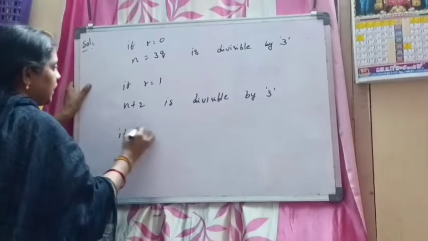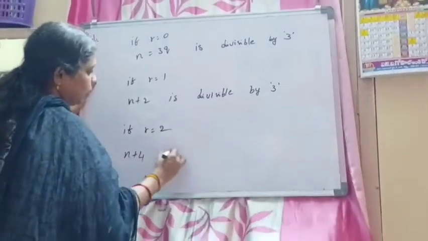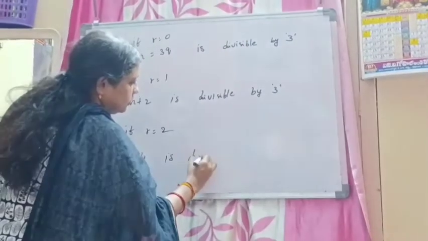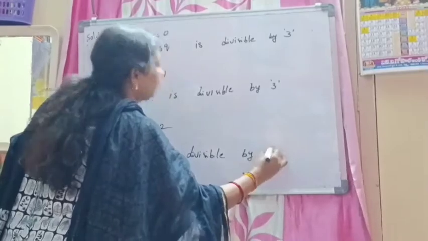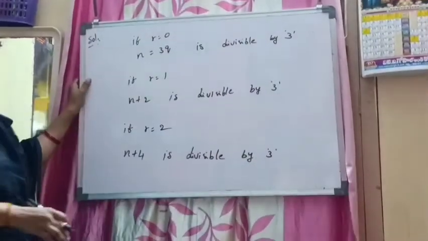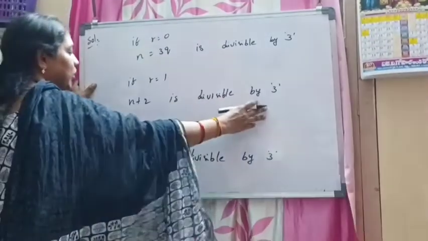If r is equal to 2, n plus 4 is divisible by 3. If r is equal to 0, n is divisible by 3. If r is equal to 1, n plus 2 is divisible by 3.